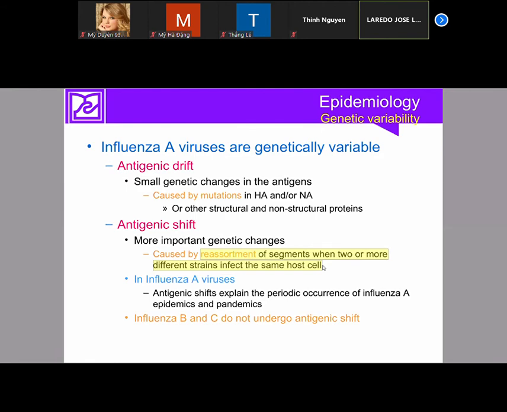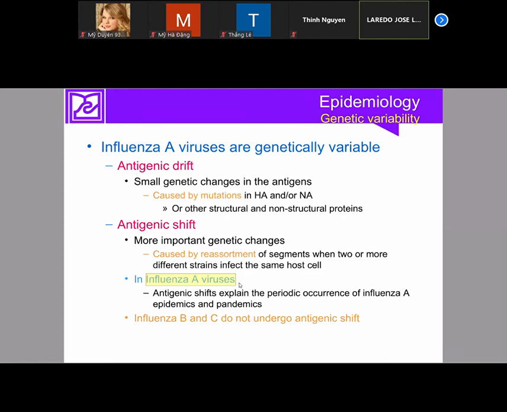So a new strain is produced. This is an antigenic shift. This only happens in influenza A viruses. We don't know exactly why influenza B and C do not undergo antigenic shifts. We don't know exactly, or I don't know. So antigenic shifts are found only in influenza A viruses.